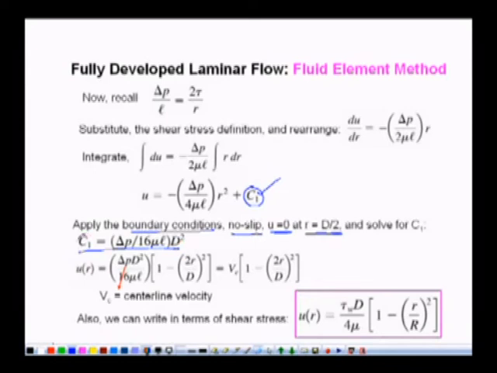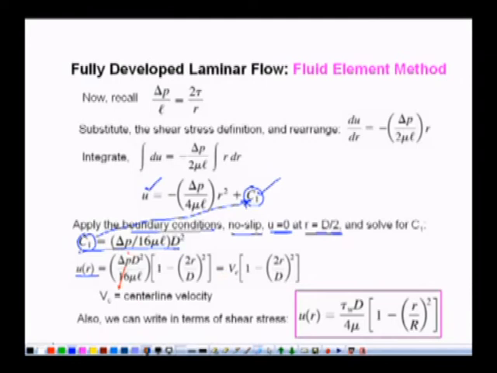Substitute this C1 in this equation for calculating the velocity profile. What is u here? U is the velocity at a particular section, which is a function of radius. So, u(r) is equal to del P D square divided by 16 mu L times 1 minus 2r divided by D whole square.